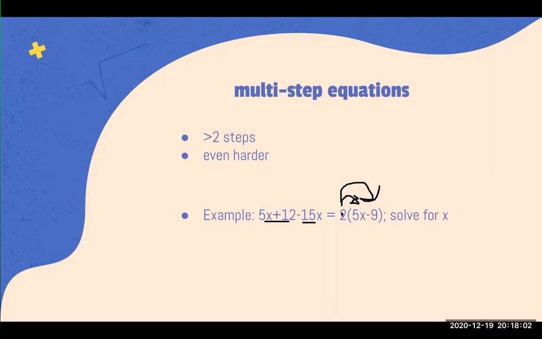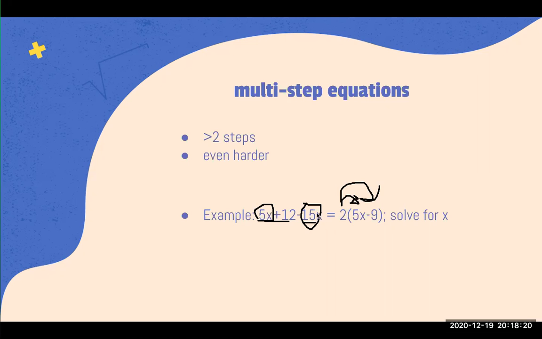First, what I notice is there are 2 common terms right here: negative 15x and 5x. Common terms are where you have the same variable with the same degree, which is the exponent.